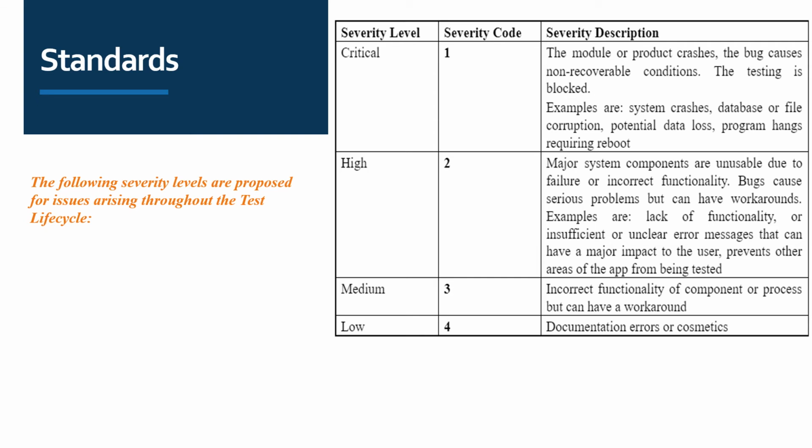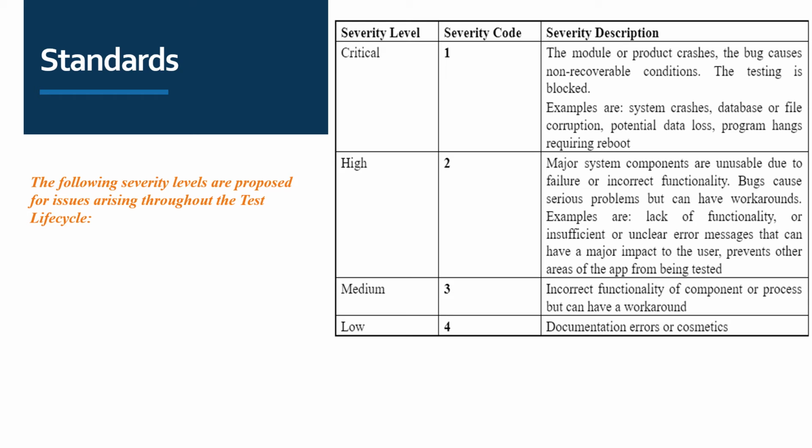Four severity levels will be applied to the issues or defects in the test life cycle. The first one is the critical. This is the highest severity.